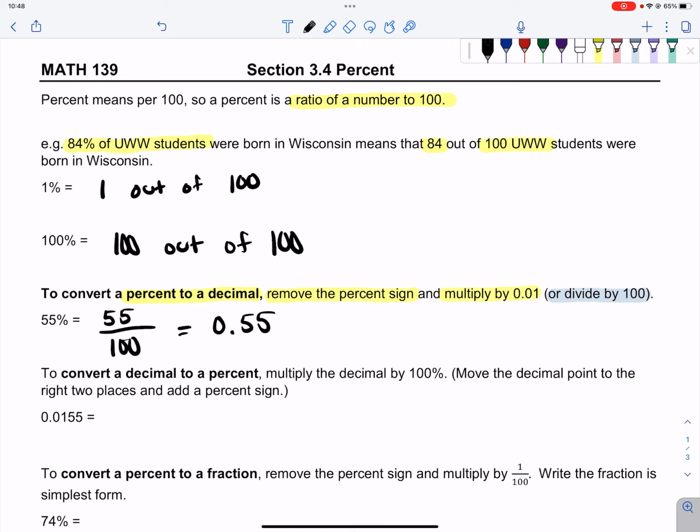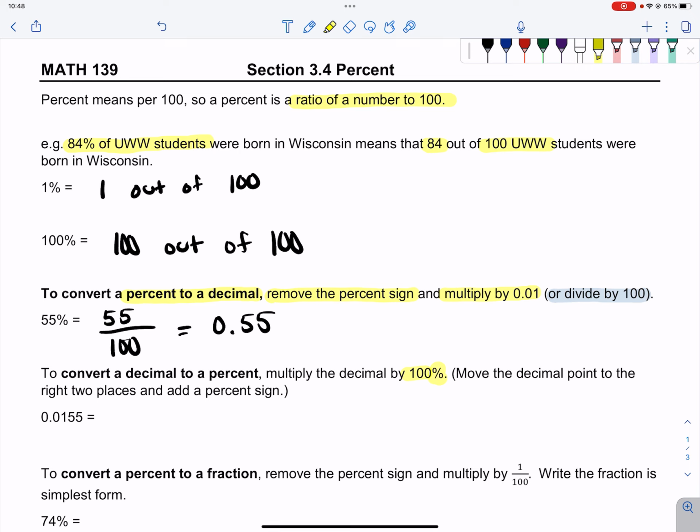If I want to take something that's in decimal format and put it back into percent, maybe because you finish your problem and get your answer, but your homework needs the answer written in percent, you have to be able to put it back into percent format. All we have to do is multiply by 100 and then put on the percent symbol.